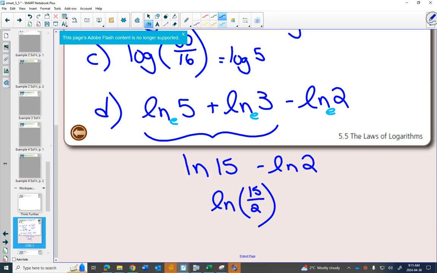I am perfectly fine if you do those steps together. If you have multiple adding and subtracting ones, in fact, I often prefer if you do it all in one step. Notice whatever's added gets multiplied together in your numerator. Whatever is subtracted is going to go in your denominator because you're going to divide.